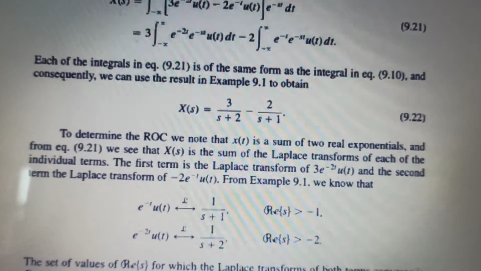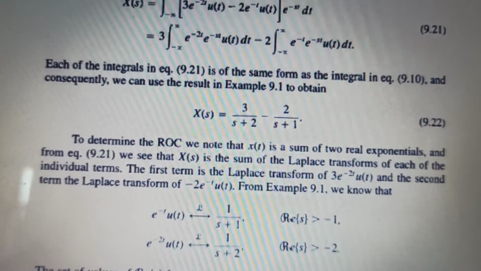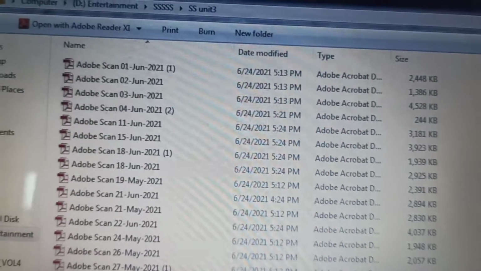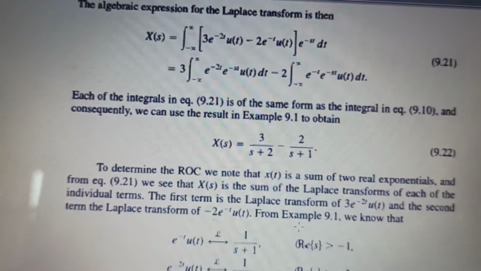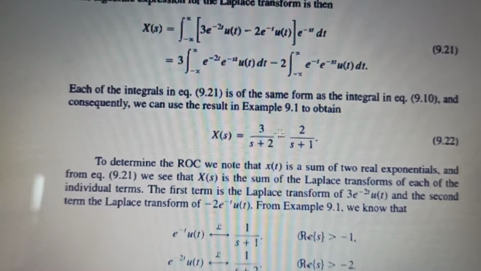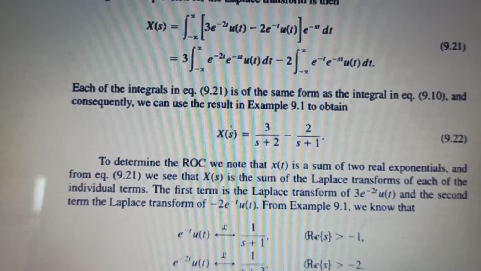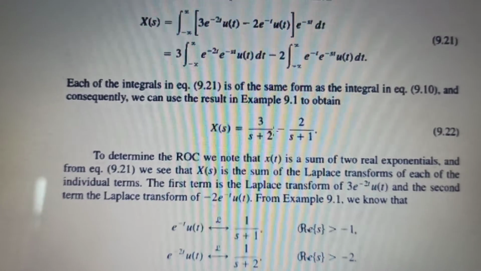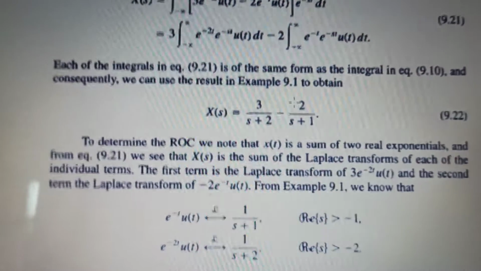I will merge this expression. So this will become 3s plus 3 minus 2s minus 4. 3s minus 2s, so it will be s in the numerator, and 3 minus 4, so s minus 1.